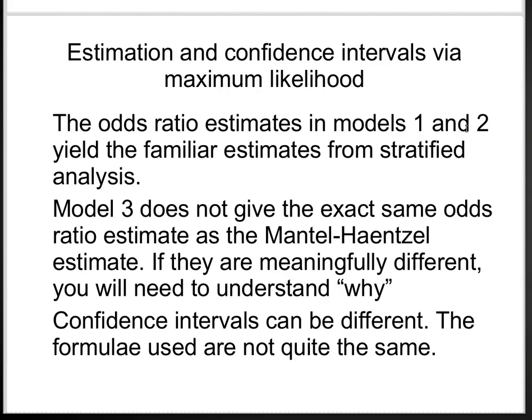The crucial issue with Model 3 is that the approximation methods used in the maximum likelihood approach are not quite the same as the approximation methods used with the Mantel-Haenszel approach. They're not exactly the same. So the confidence intervals can be different, and the formulas behind these two things are not quite the same.